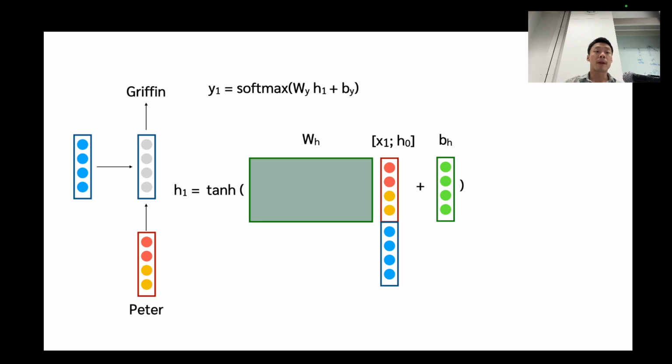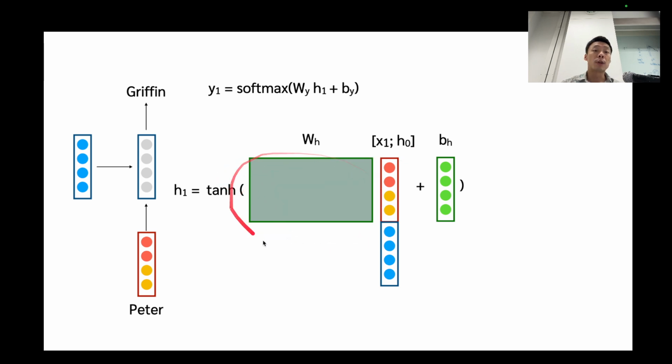If you look at the equation, for example, if the first word is Peter and the next word should be Griffin, here's how you set that up. You have the weight WH, and the input into this node is X1, which is the embedding of the word Peter. And the blue thing, since this is the first word in the sentence, we give it this H0 as the initial state.